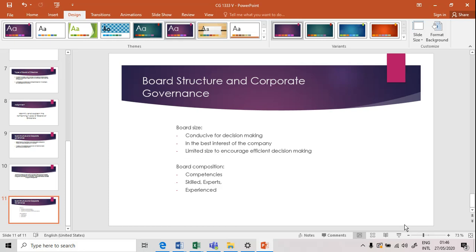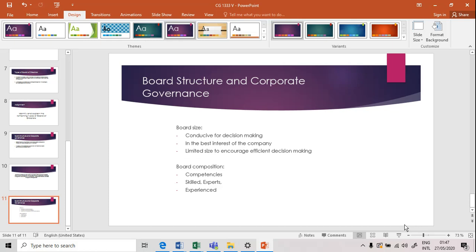Board composition. Board composition should be focused on competencies, not popularity. It should also be focused on skills and expertise of individuals who are capable of running the board, of managing the organization, or of participating in the organization and contributing to its success.